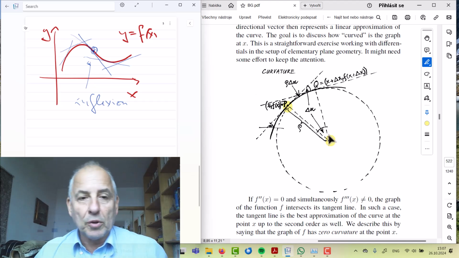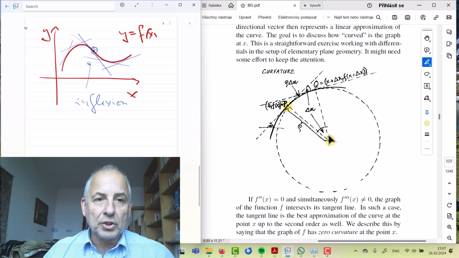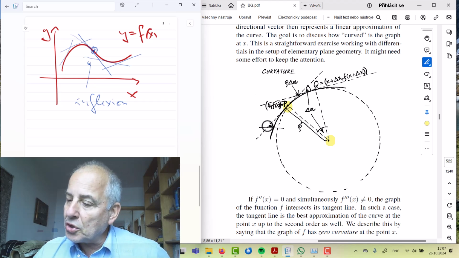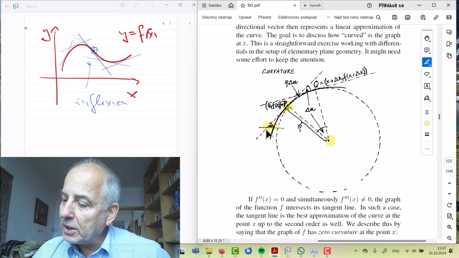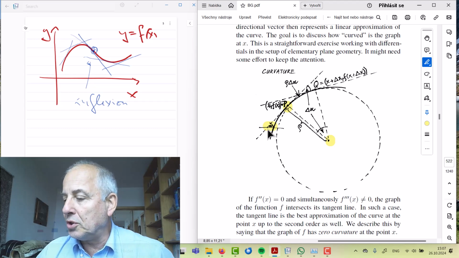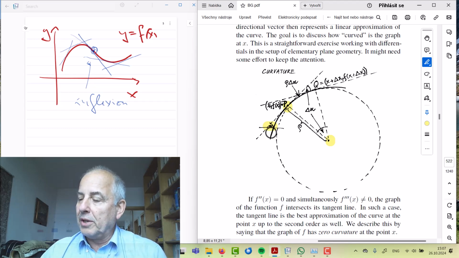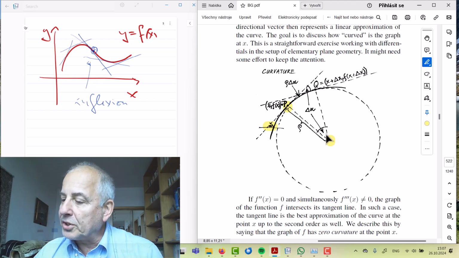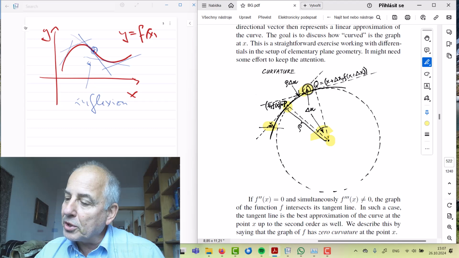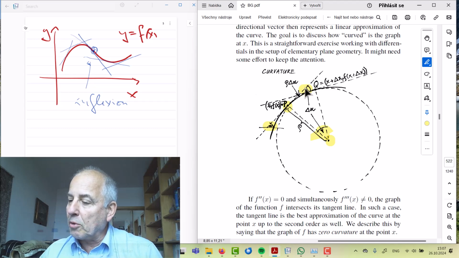So that's what we are heading at, and it's quite straightforward, because we just notice that alpha, the slope, so the alpha is the angle of the derivative. So actually the derivative is the tangent function of alpha, and the same alpha appears here, and the same alpha appears here. That's clear from the picture.